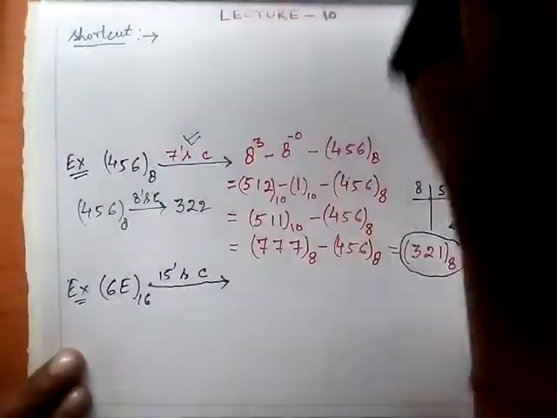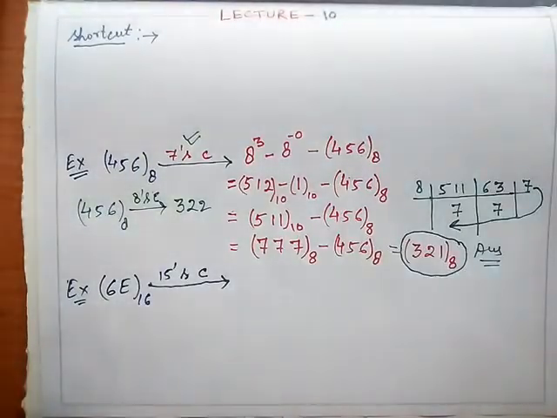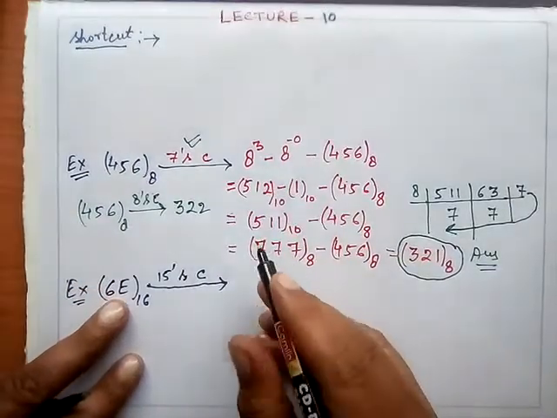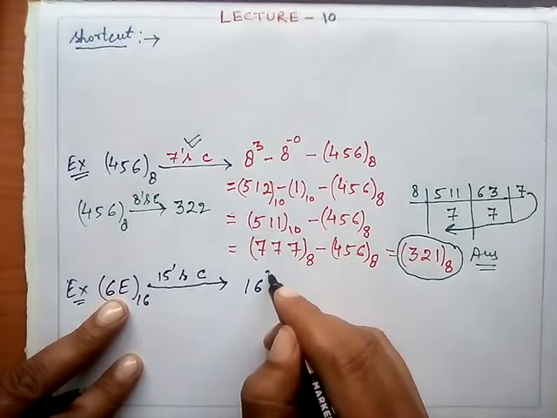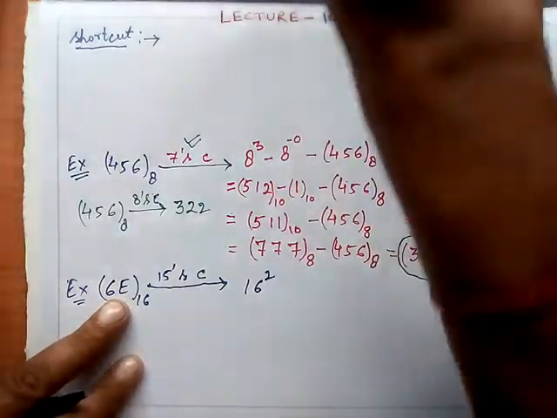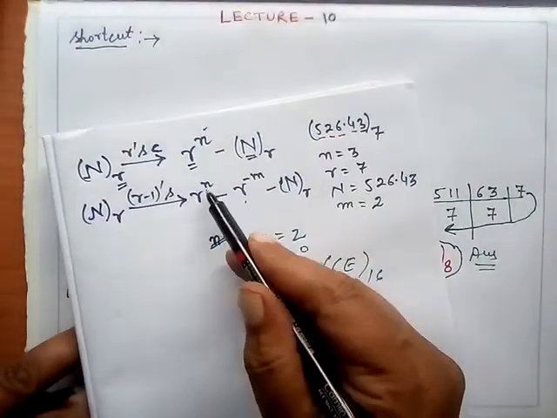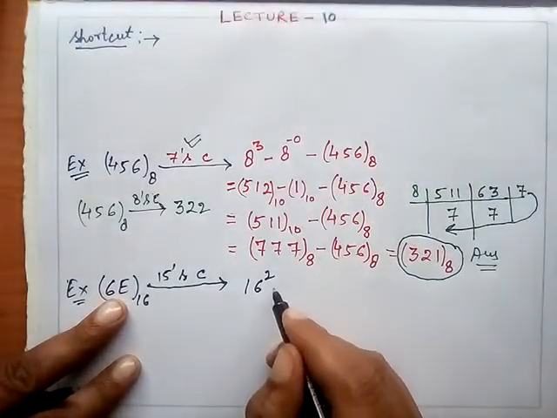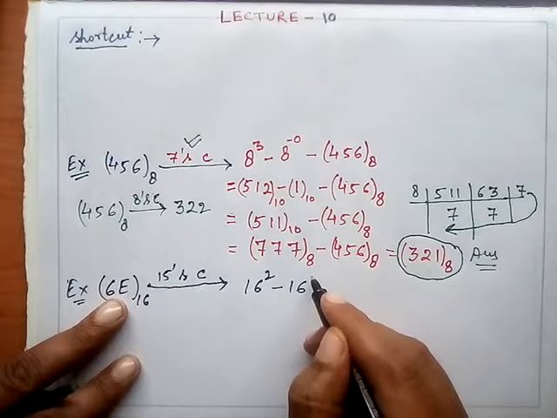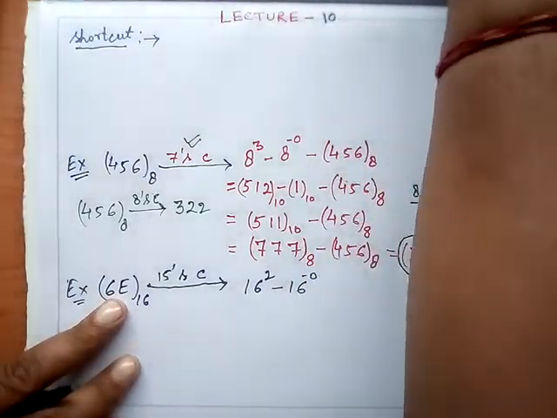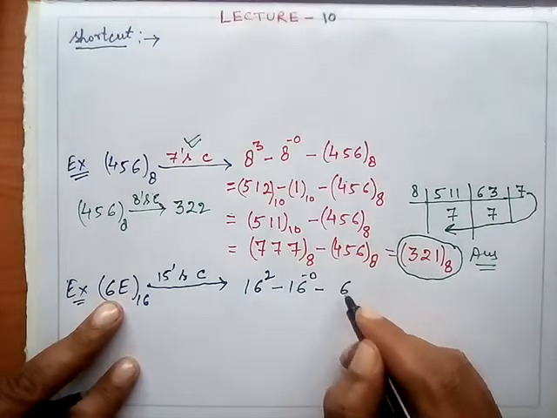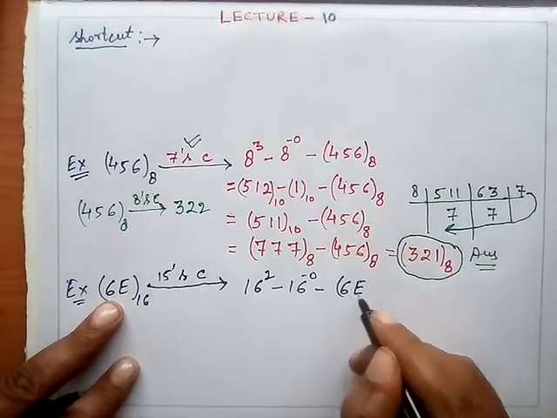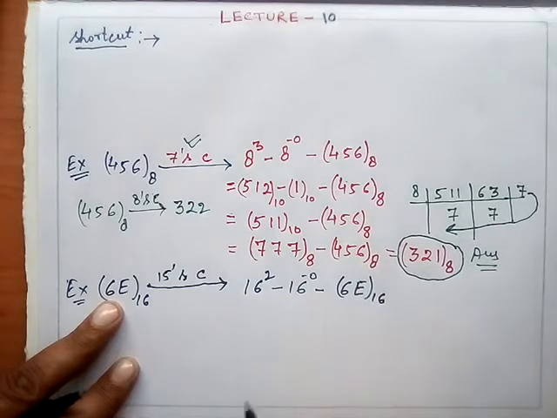Now if I apply this formula here, you have r to the power n, which is 16 to the power 2, minus 16 to the power minus 0, which is 1, minus the number, which is 6e in base 16.